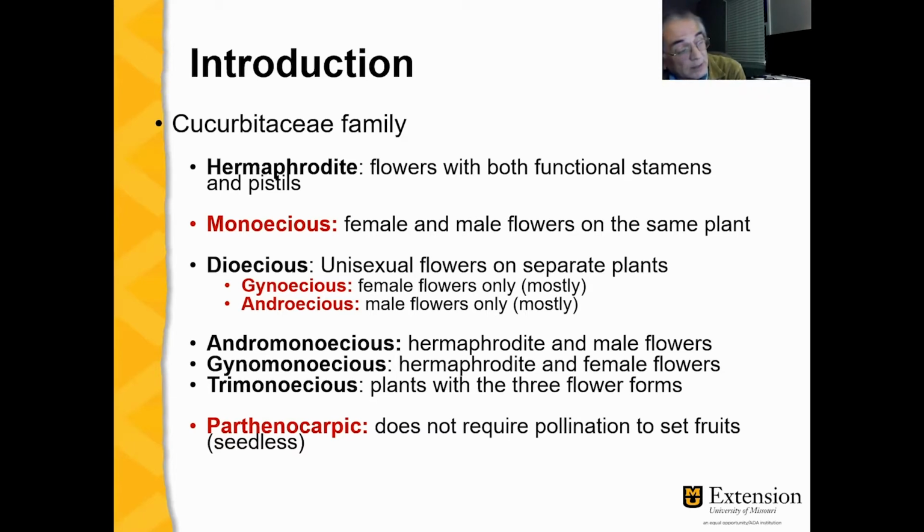And the other concept that we need to understand is parthenocarpy. This is the type of fruit that does not require pollination and can set fruit. But we have to be aware that this kind of fruit can grow without pollination, but it can also be pollinated and produce seed inside.